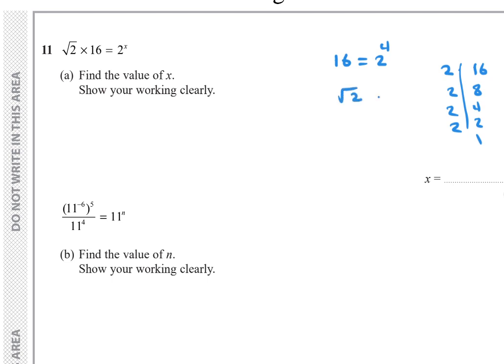Root 2 is 2 power half. So now the left hand side can be written as 2 power half times 2 power 4. So we can add the powers. So 2 power 4 and a half, or 4.5, equals 2 power x. So x equals 4.5.